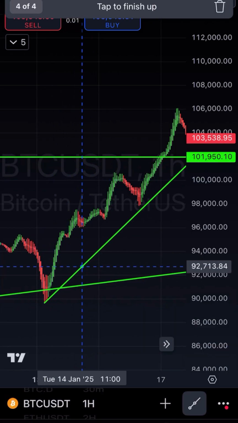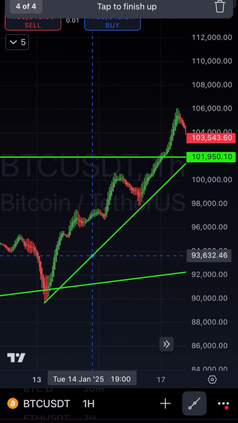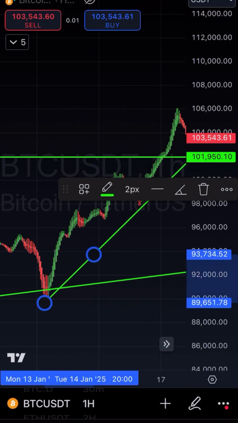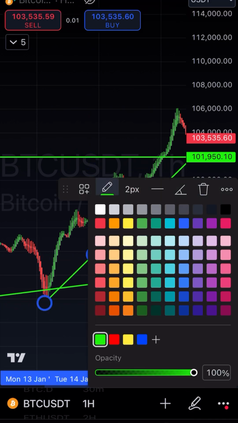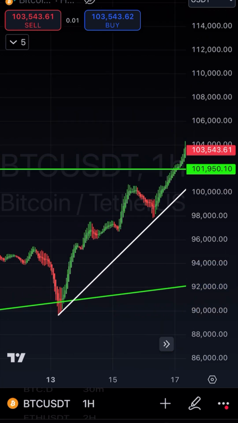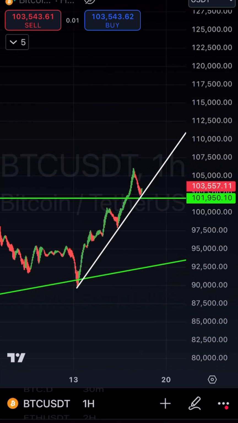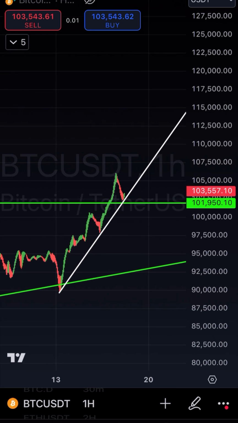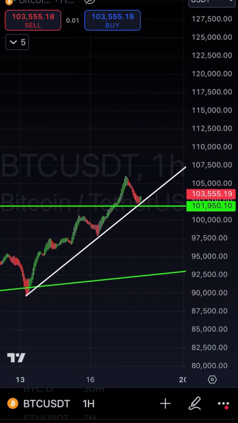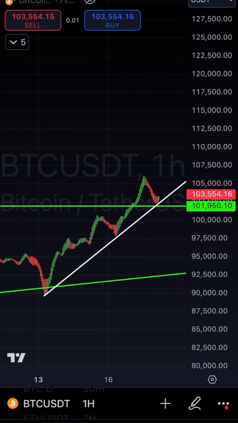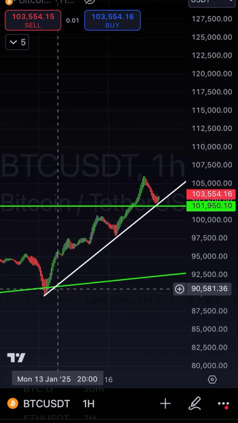So you got one right here to here. You can change that maybe to white. So the green represents the day trend lines, and the white represents the hour. So very easy to follow.